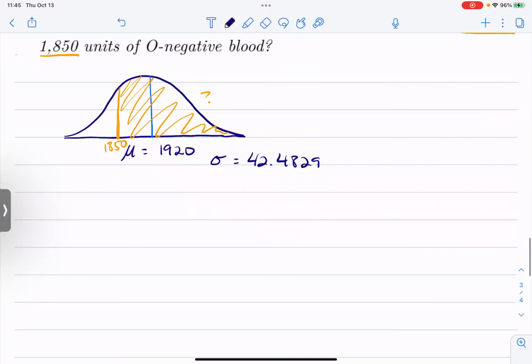So Z is X minus mu over sigma. X is always going to be the value that you're interested in a probability around, less than this, greater than this. And so X in this case is going to be the 1,850. Okay.